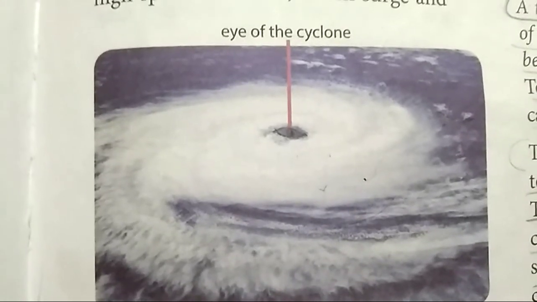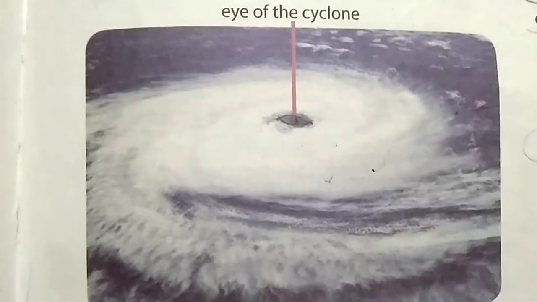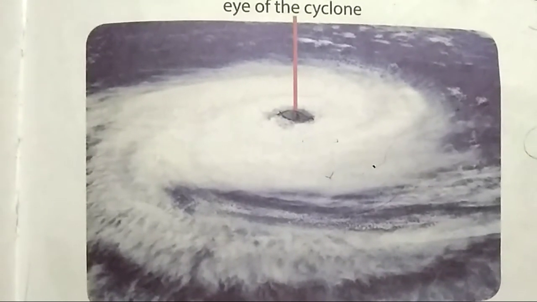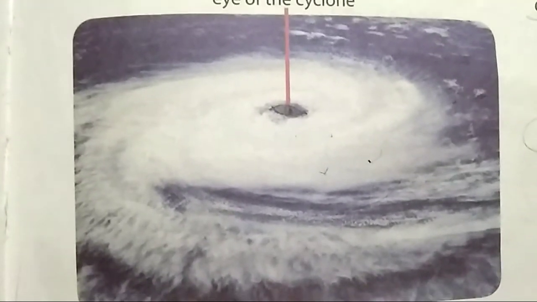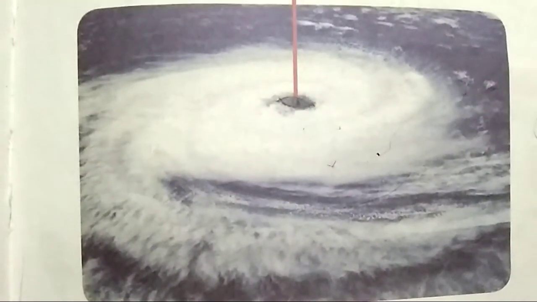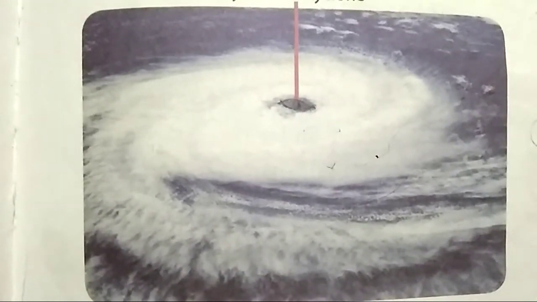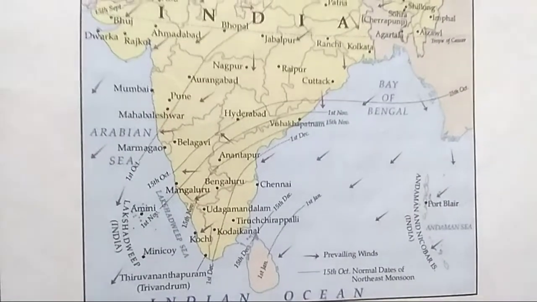That's why it causes lots of destruction, like uprooting plants, trees, poles, electric poles also, and it also destroys animals, human beings, and lots of property can be destroyed by this cyclone.